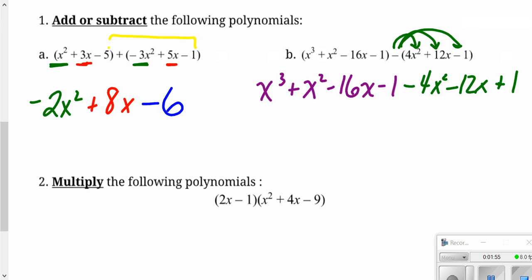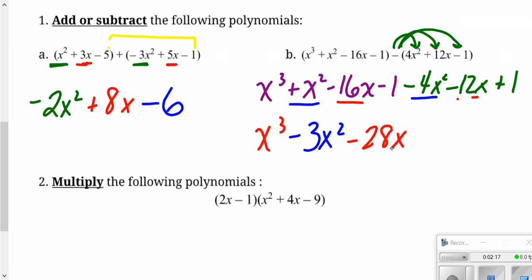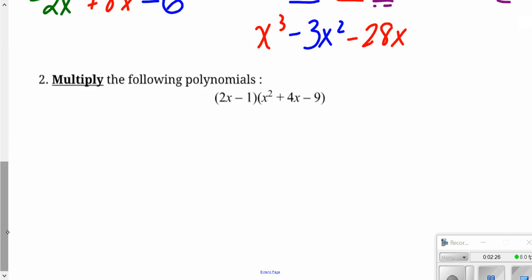And now this becomes the type of question I had for part A. So I'd have x to the third. These two combined, and I would have minus 3x squared. These two terms combined, and I would have minus 28x. And then subtracting 1 and adding 1 add up to 0. So that's it.